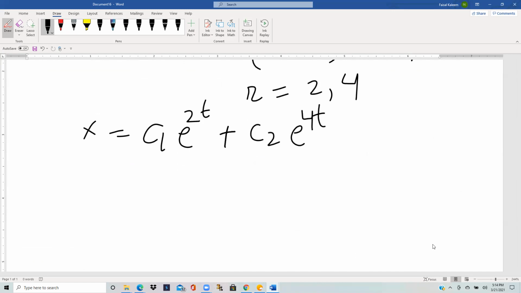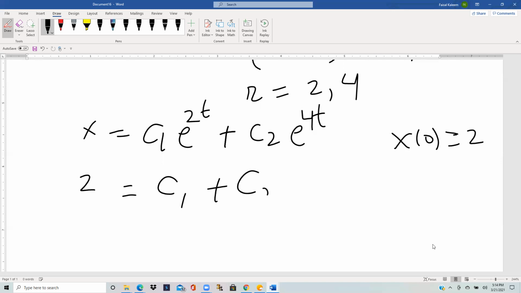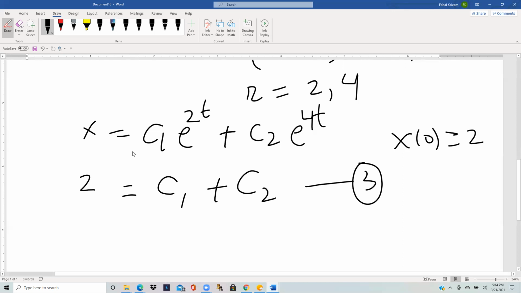So if we substitute x0 is equal to 2, we get 2 for x, 0 for t, so c1 e to the 0, c2 e to the 0. So we just get that. So let's call it number 3. And now we find y, and then we'll be able to use the y condition, y0 is equal to 0.